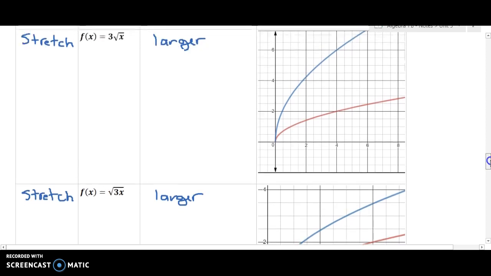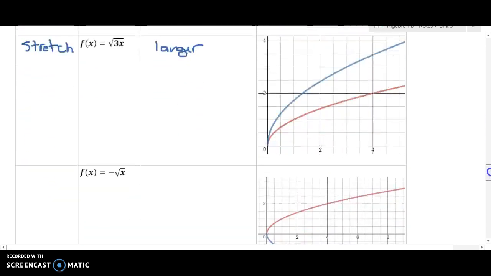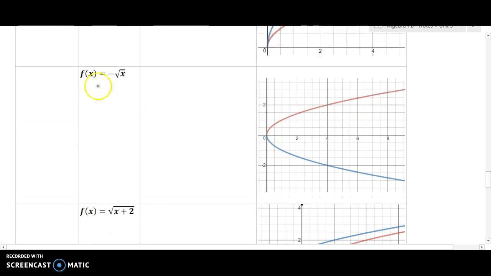So if the stretch is inside, it's a little less. Now we have a negative outside of the square root. And when this happens, this is called a reflection. So that graph is reflected over the x-axis. And you can see now a little more clearly that full parabola. So if you have a positive square root and a negative square root, you can make that full parabola. So this is a reflection.